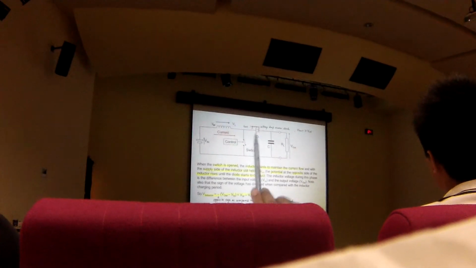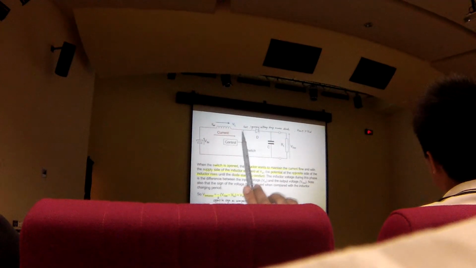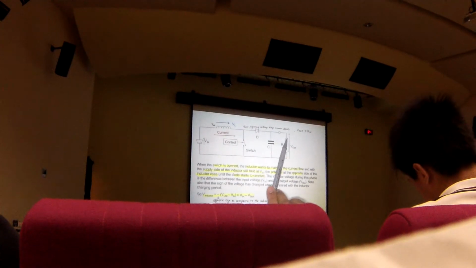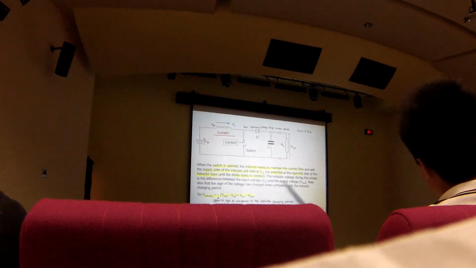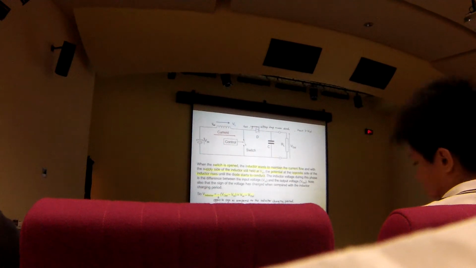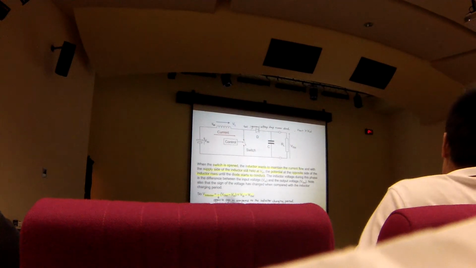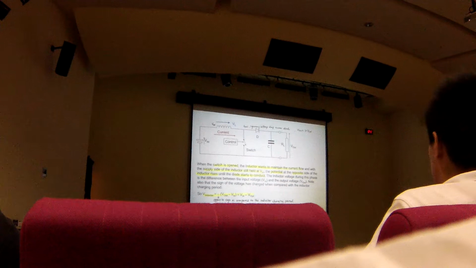Okay, if you ignore the voltage drop across this diode, this end is essentially your V-out. Okay, so this is V-in, this is V-out. Alright, hence your inductor voltage during this phase is just the difference between your input voltage and your output voltage.